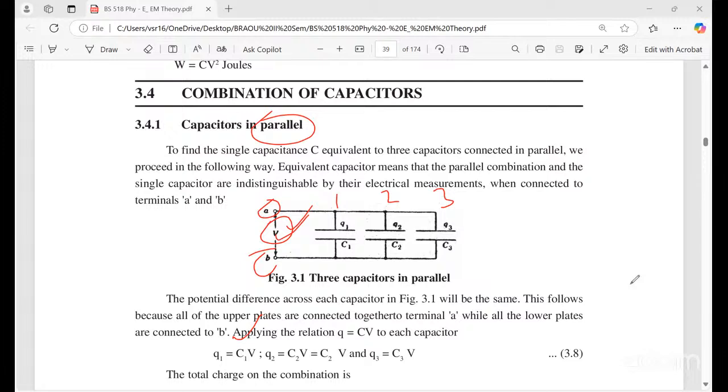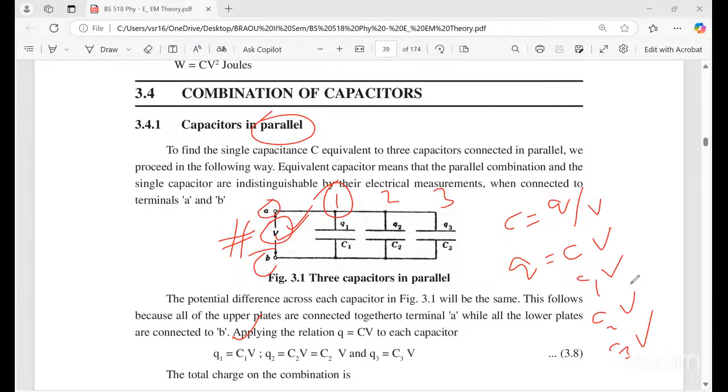Not C by V1, C1 into V. Similarly, C2V, C3V. Okay.